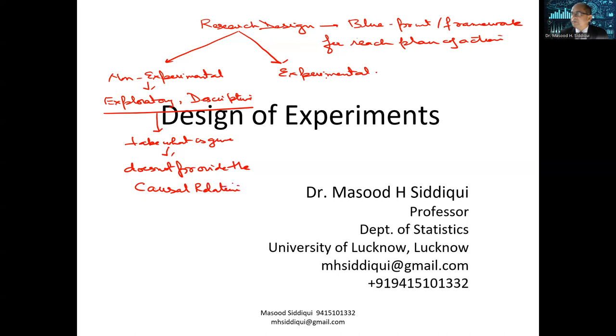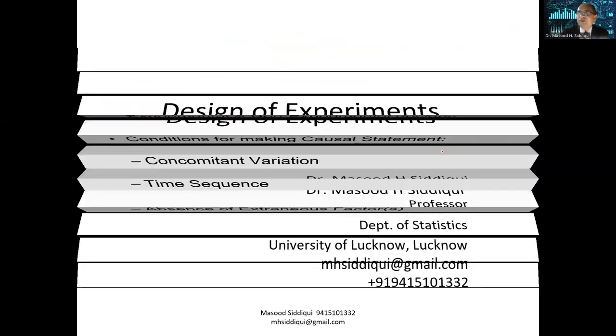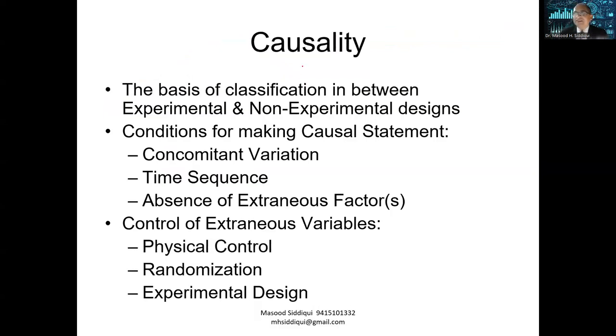And here the experimental research design provides the causal relation. As it is there in the next slide, causality is the basis of classification between experimental research design and the non-experimental research design.